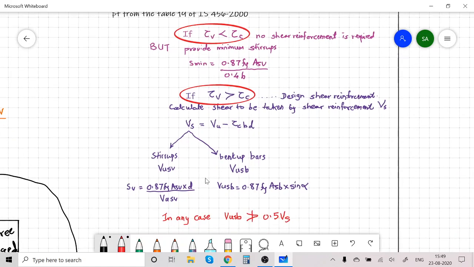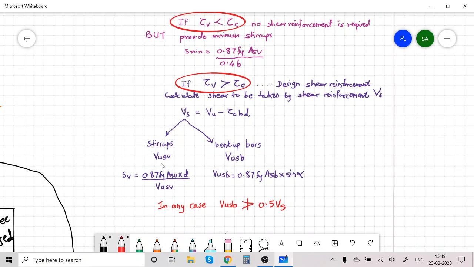Now the shear which is taken by vertical stirrups is Vusv, and considering that you can find the spacing of the stirrups Sv equal to 0.87 Fy ASV into d divided by Vusv.